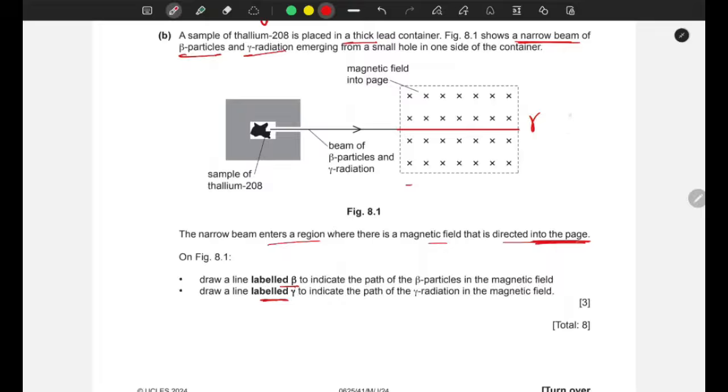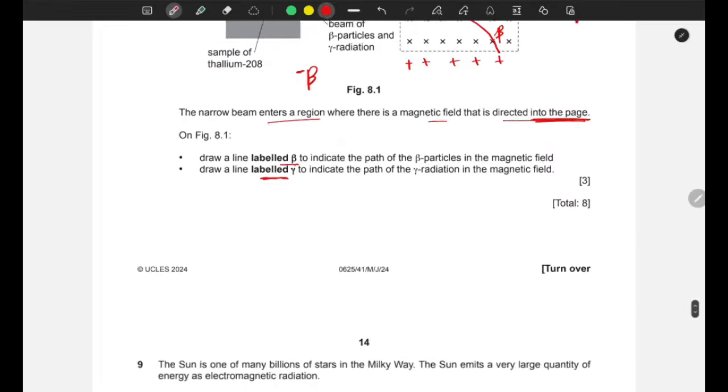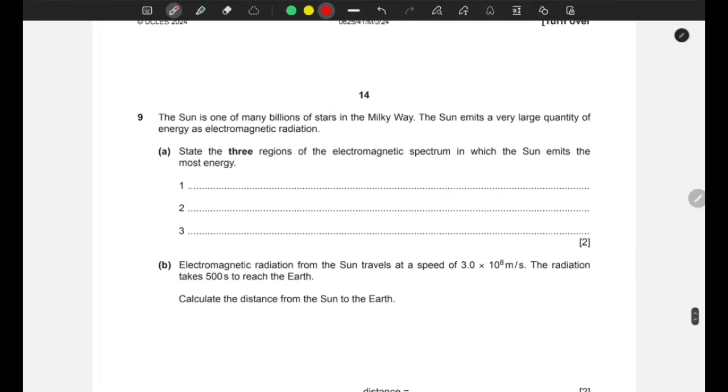Since the current is going to be moving downwards, that is from the negative terminal to the positive side. And we know that a beta particle is negatively charged, so it's deflected or attracted to the positive side. So it would be like this, and that's the beta particle.